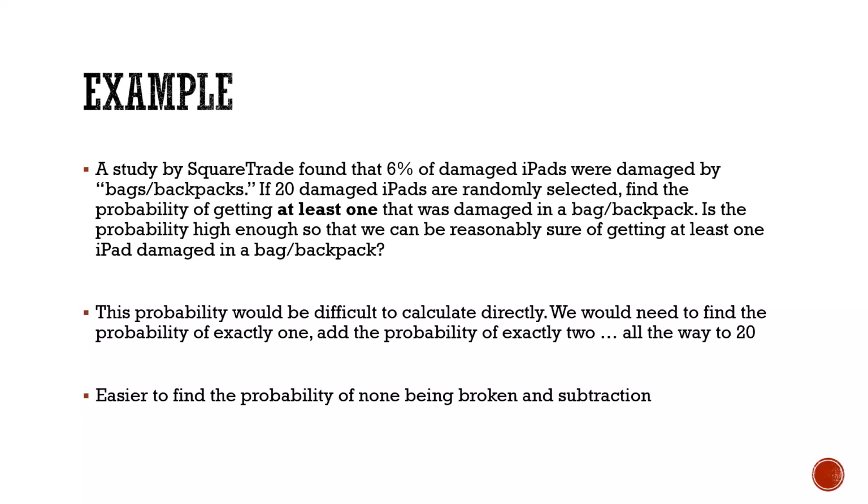No one has an iPod anymore. I'm old. Okay, so what's the probability at least one was damaged in a backpack? This probability would be difficult to calculate directly because you have to calculate things exactly.